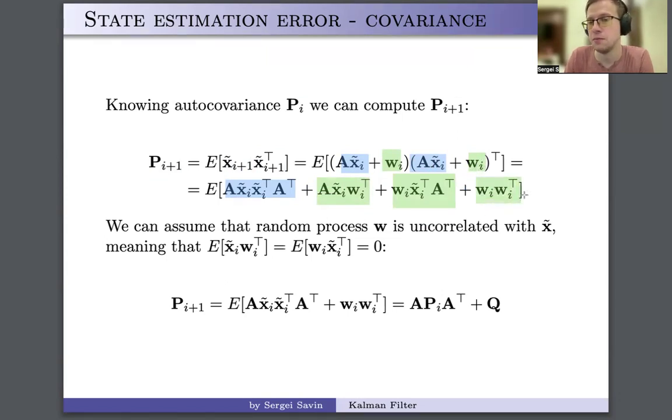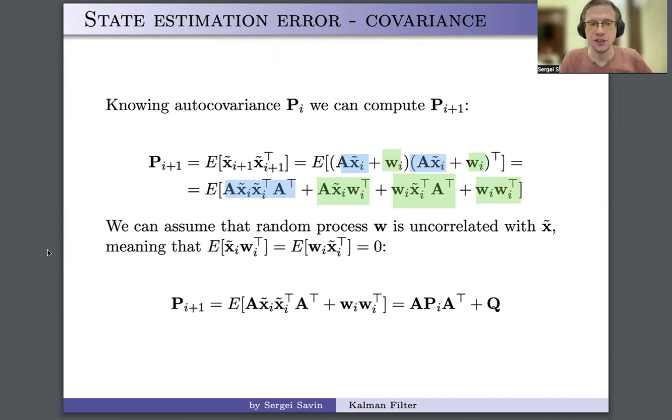And we have omega times omega transposed. So we just open the brackets: we get A x tilde x tilde transposed A transposed from here, then A x tilde omega transposed, that is multiplying this by this, then omega x tilde transposed A transposed, multiplying this by this, and omega omega transposed, multiplying this by this.